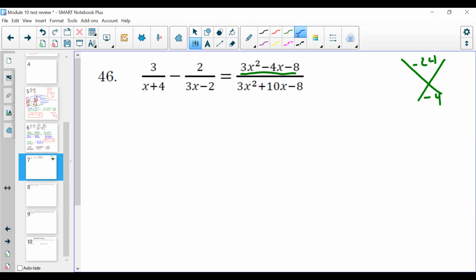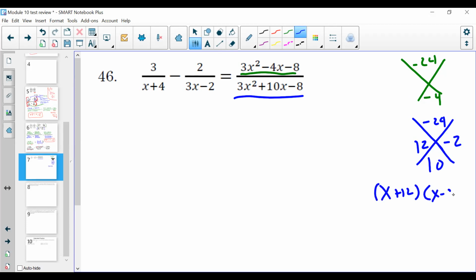And then the other one, this bottom part right here, factors of negative 24 that add up to 10. That one's easier, 12 and negative 2. So for the blue one, I can write that as x plus 12, x minus 2, divided by my a value of 3. And when I rewrite the second part right here, I should get x plus 4 and 3x minus 2.